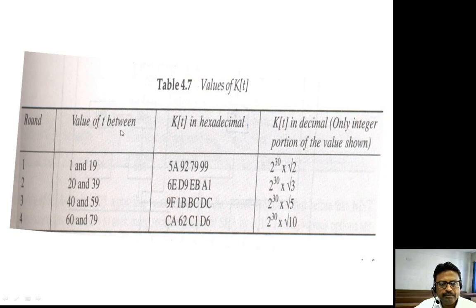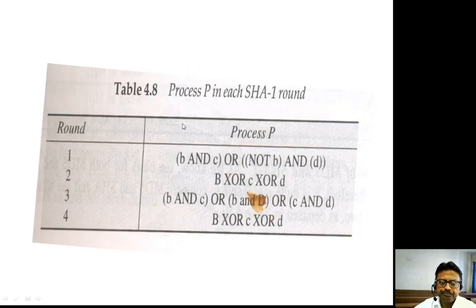For t1 to t19, the value will be the same. For t20 to t39, the value will be the same. For t40 to t59, the value will be the same. And for t60 to t79, the value will be the same. So instead of using 64 different constant values as in MD5, we use only 4 constant values in SHA1.